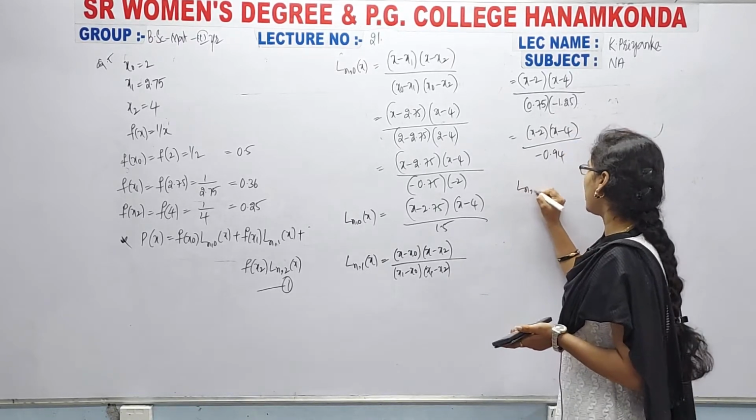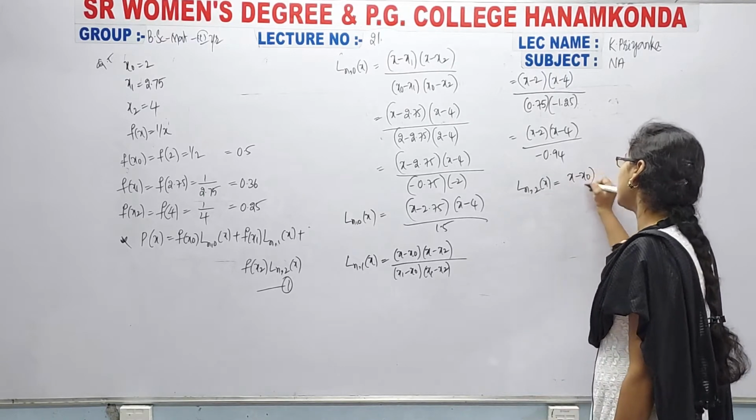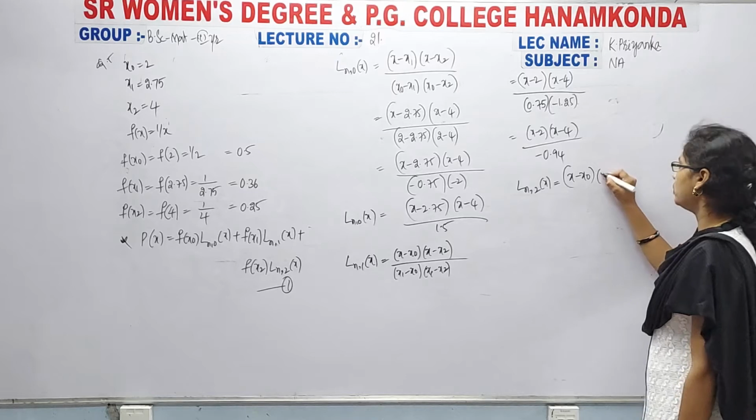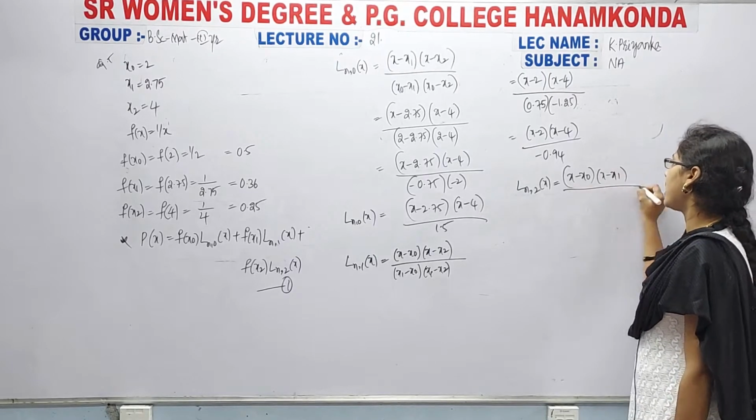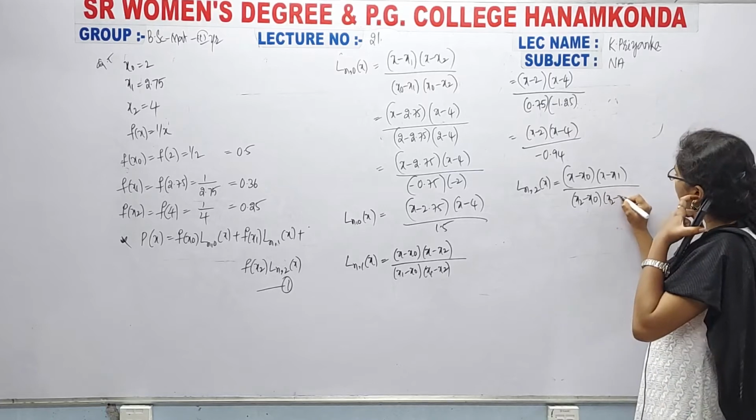Next, Ln comma 2 of x, which is equal to x minus x naught. Here we have to ignore x2. So x minus x1 by x2 minus x naught, x2 minus x1.